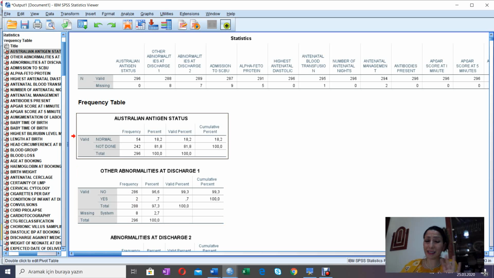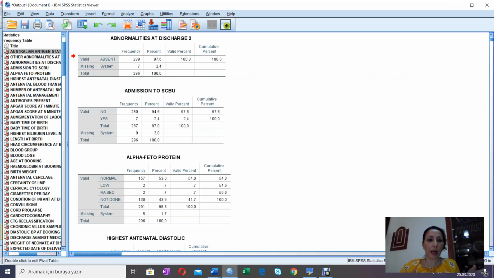Okay, it has no meaning for SPSS. It's just for our knowledge. And here we have 1 2 3 4 groups here. Okay, and we see that 2 persons alpha fetoprotein is raised, and normal we see that 157 is normal and 42 is low.